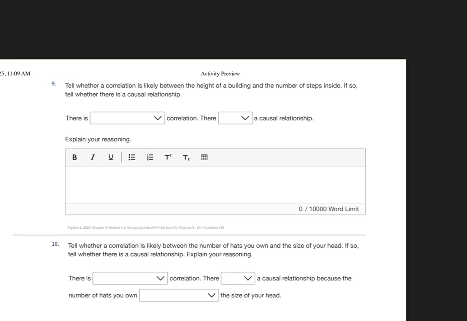How about between the height of a building and the number of steps inside? Okay, so height and, let's see, steps. So as the height goes up, I would think that the number of steps go up, right? Because if you're thinking, what about an elevator?